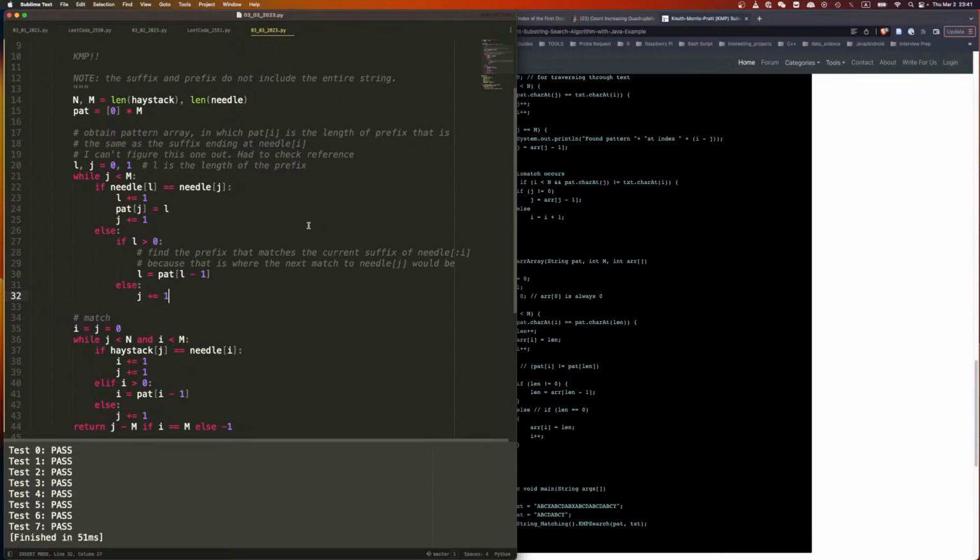When we do length minus 1, this gives us the length of the previous match, so the prefix matches this suffix, okay? So now we go back to the top. Now we match this equal to this, we match again. So it goes back to the original format.